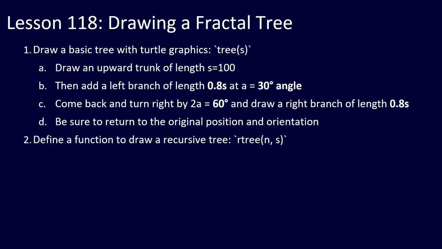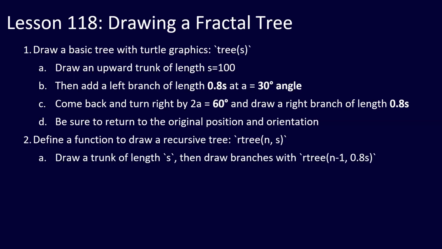Now define a function to draw a recursive tree. You know what recursion means. So a recursive tree does something like this: draw a trunk of length s and draw branches with tree of n minus 1 and 0.8s.